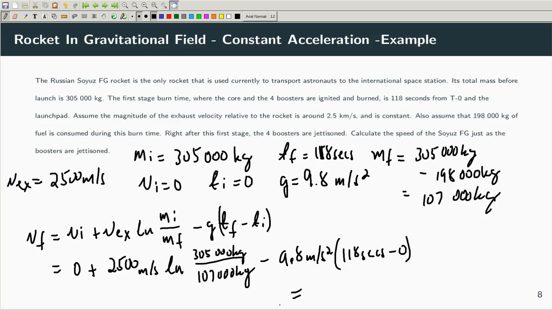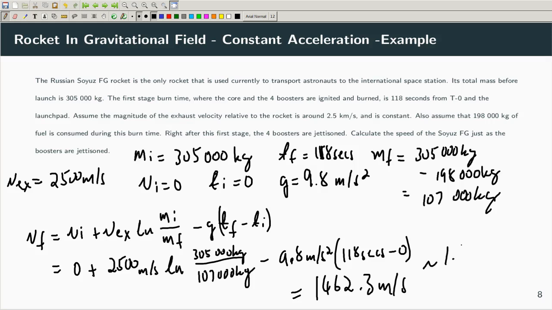Calculating that, we get 1,462.3 meters per second.